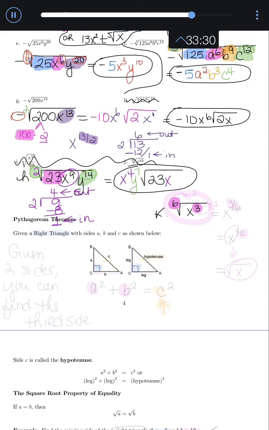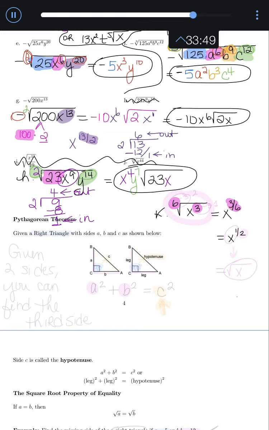But if we write it as a fractional exponent, we've got x to the 3/6. It is a fraction, and it can be reduced. They're both divisible by 3, so it would reduce to 1/2.